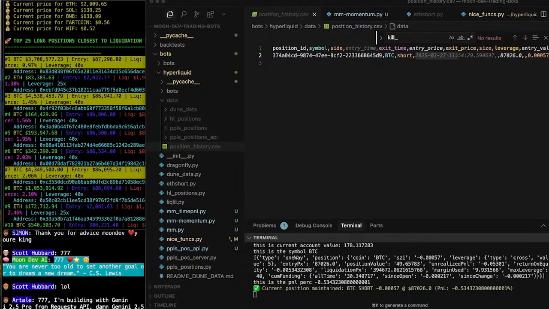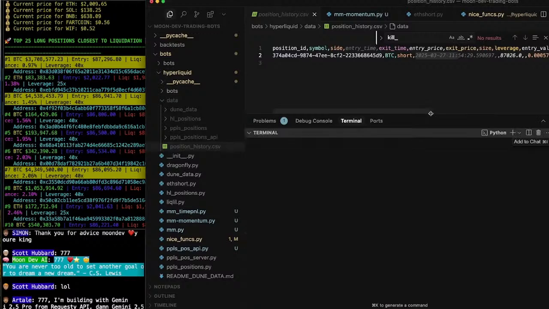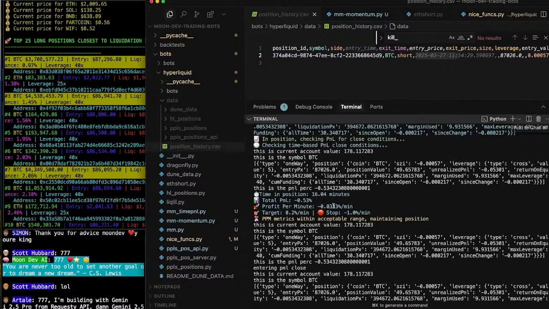Oh, it almost hit it actually. Look at this. Nah, never mind. It almost hit it. Not quite.